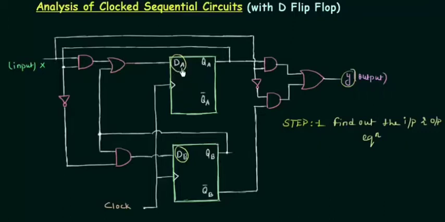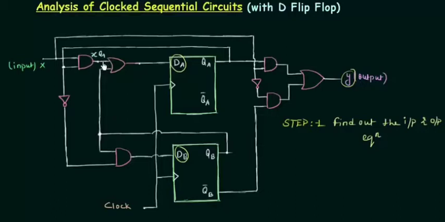Let's find out the expression for dA, and it is the output of this OR gate. Now you can see the input X is one of the inputs to this AND gate, and the other input is QA. So the output of this AND gate is XQA.